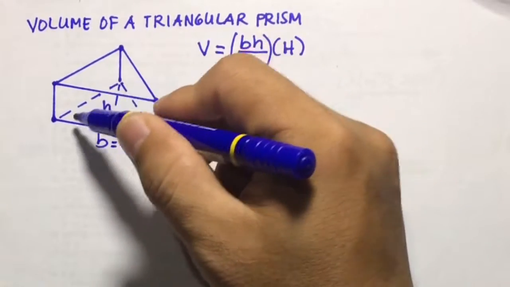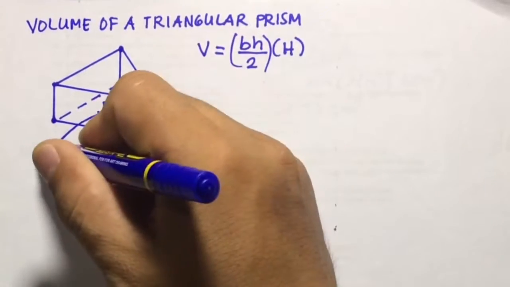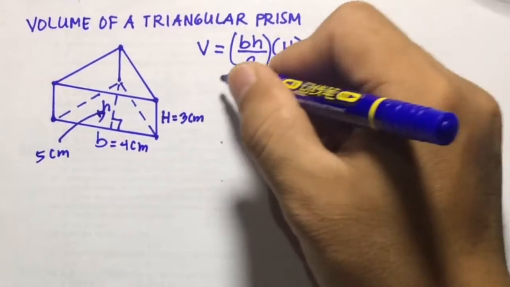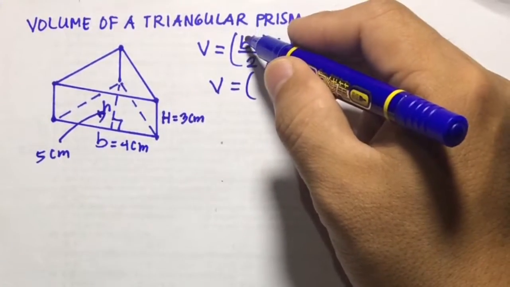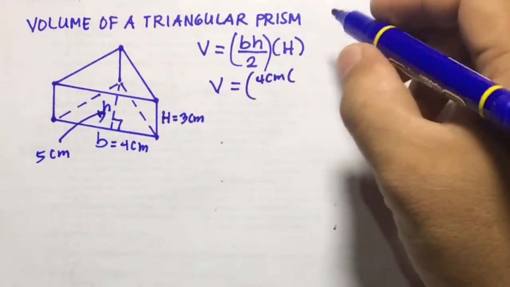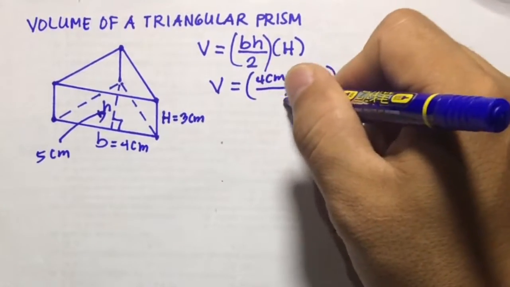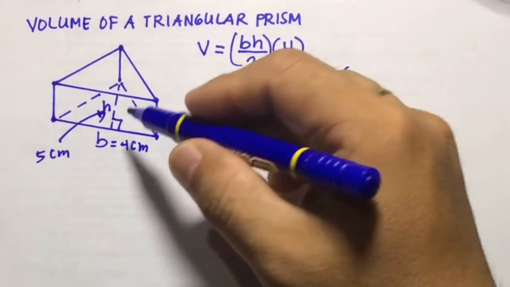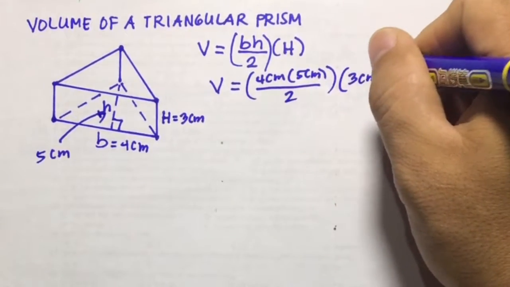and the height of the triangle here is equivalent to 5 centimeters, we can have its volume as V equals the base, which is 4 centimeters, times the height, which is 5, divided by 2, then times the height of the triangular prism, which is 3 centimeters.